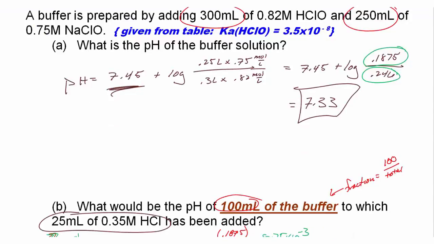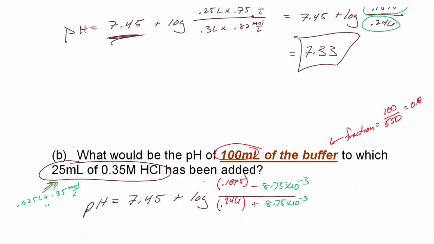So what's 100 divided by 550? 0.18. So that's my fraction. It's an oddball fraction, but it works.